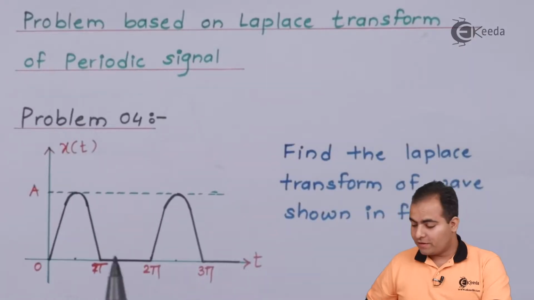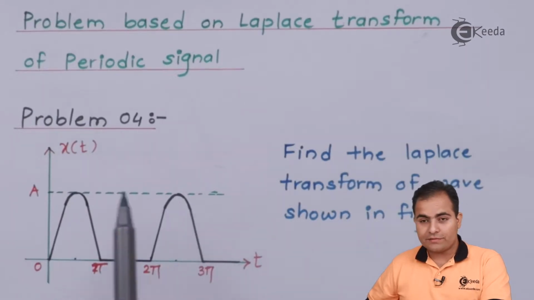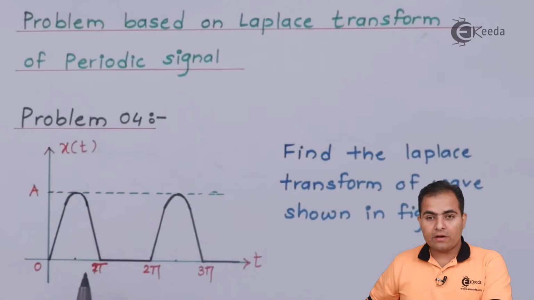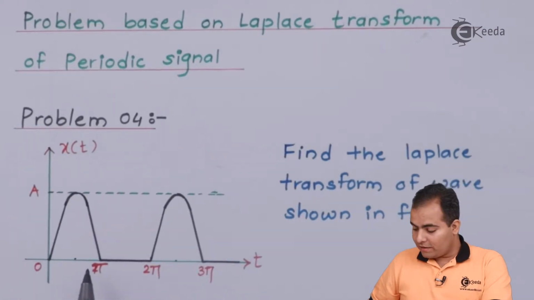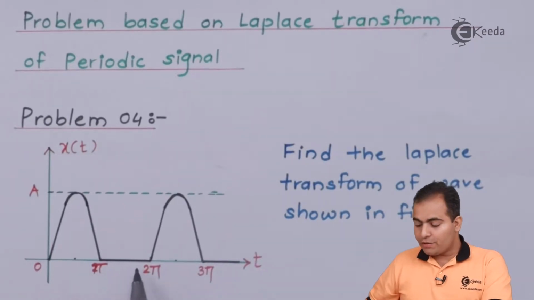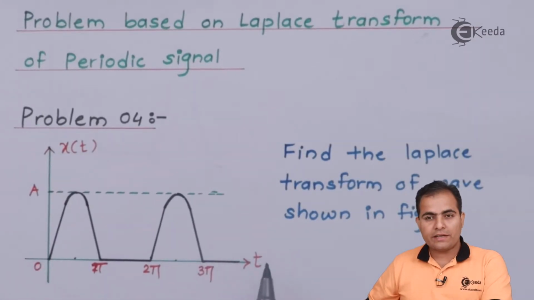Now look at here, problem 4. We have to find out the Laplace transform of this wave. In this wave only the positive peak of the sine wave is given, and the amplitude of the negative peak is 0, or you can say the negative peak is absent, and again you have a positive peak. The signal is continuous throughout, and between 0 to 2 pi is the time period of this sine wave.